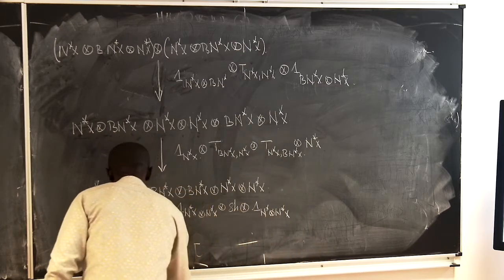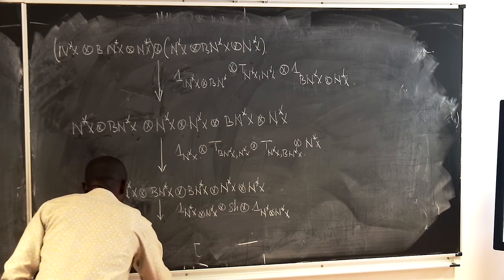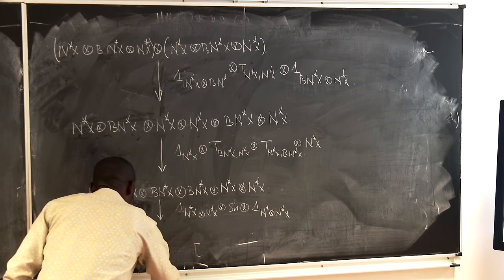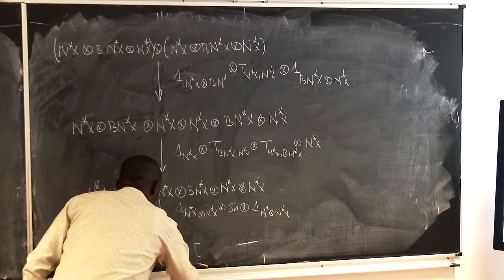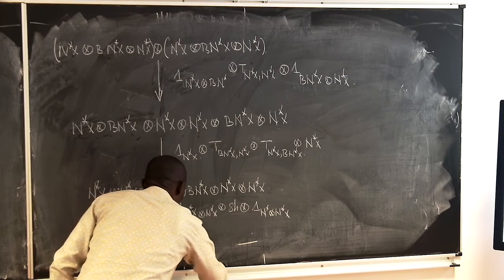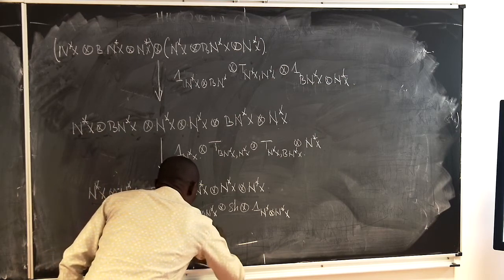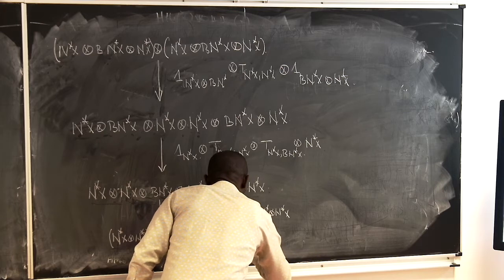So we have here Nx tensor Nx itself, tensor the bar construction of the tensor product of Nx by itself, tensor Nx tensor itself.